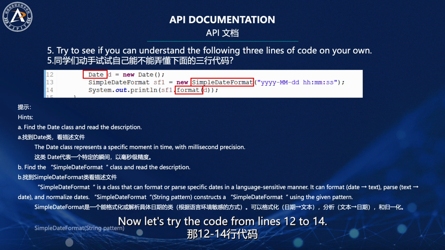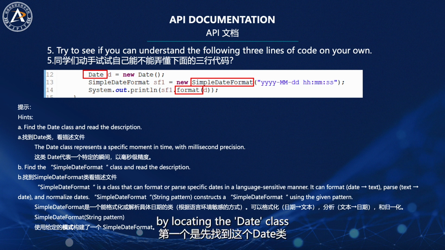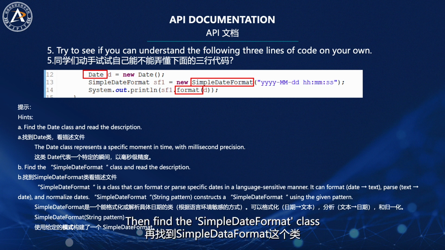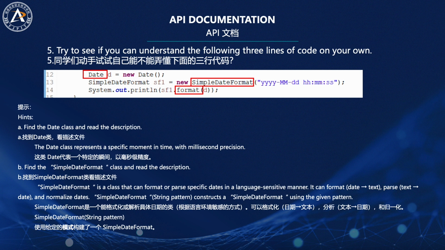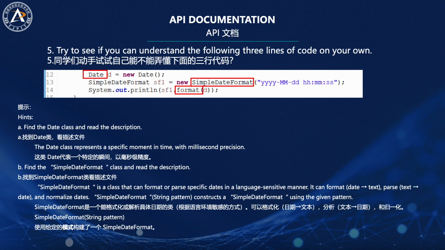Now let's try the code from lines 12 to 14. I encourage everyone to try it out. Here's a hint. Locate the Date class and read its description, then find the SimpleDateFormat class and read its description. SimpleDateFormat is a class that can format or parse specific dates.